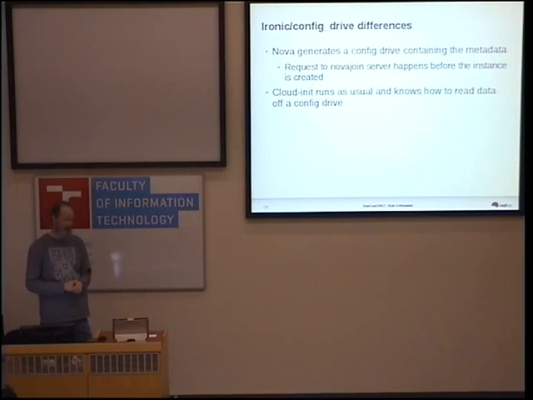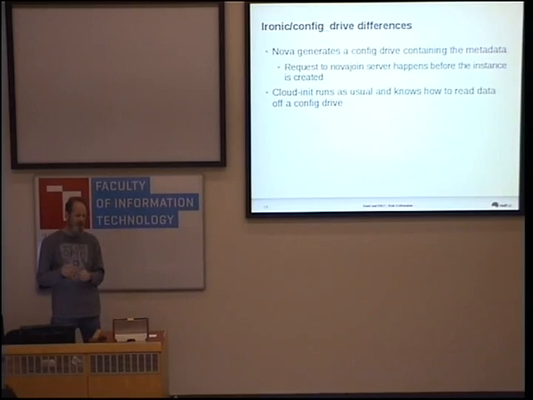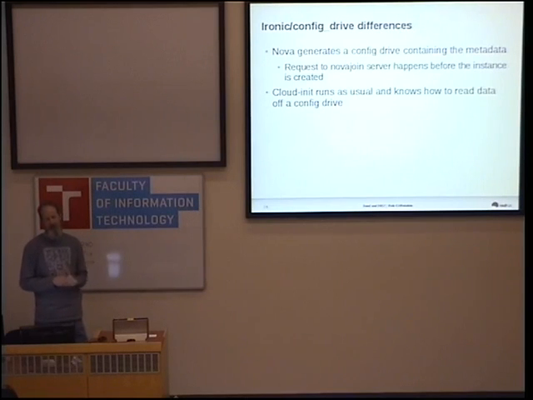Something to note. So config drive, this procedure is if you're doing metadata on a virtual machine. In that case, the way the metadata works is it's really not generated until you need it, which you only need when it's called. For config drive, Nova collects the metadata in advance before launching the instance, and it puts it in ISO format and sends it along when the instance gets booted.